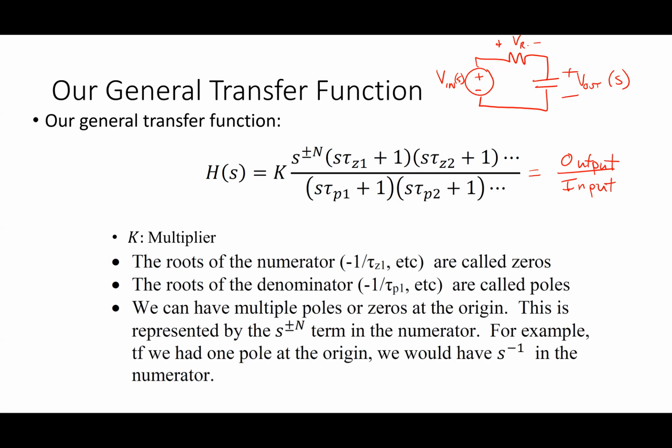Capital N right there, would that represent zeros or poles? Zeros, right? Because it's in the numerator. If it was S to the minus 2, those would be poles because they would be in the downstairs, in the denominator.